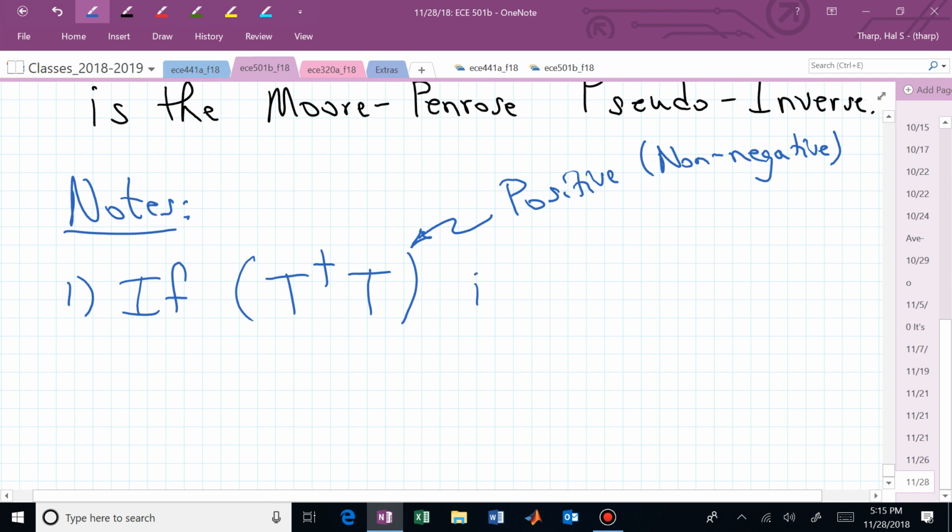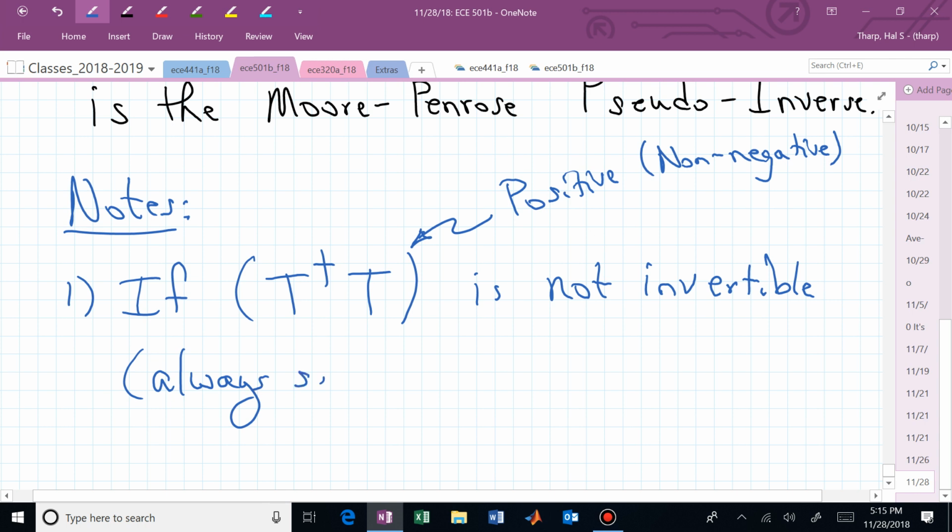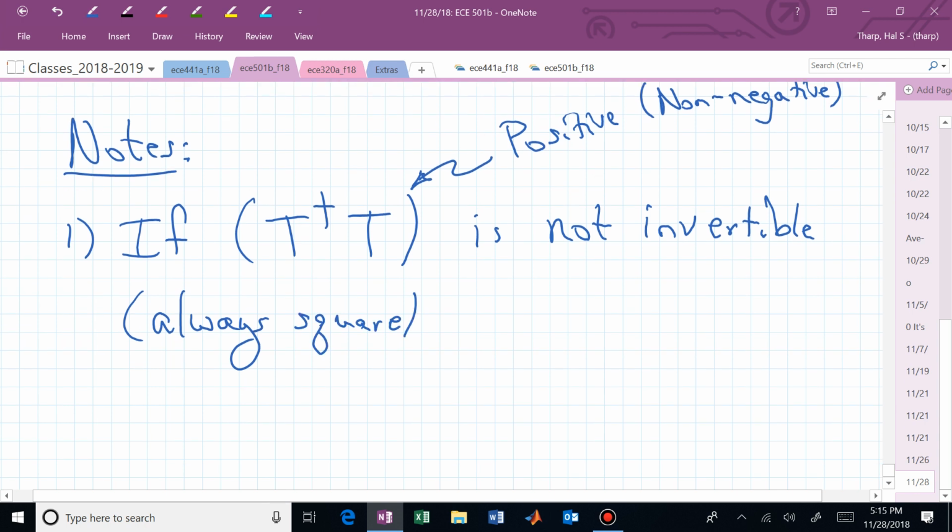But if that is non-negative, it means we could have 0 eigenvalues, so it is not invertible. It's always square though, so we're good to go there.